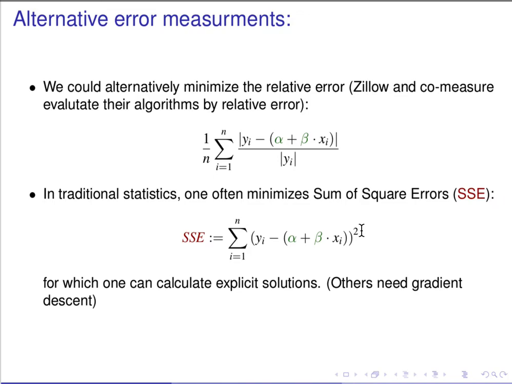So traditional regression is often done by minimizing the sum of squares, mainly for historical reasons, because in the old days you couldn't just search with gradient descent on a computer like nowadays. Back then it was invaluable to be able to explicitly calculate the best solution, and that can be done with the sum of square errors.